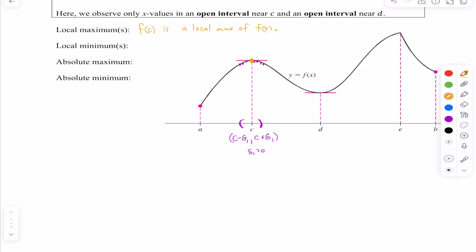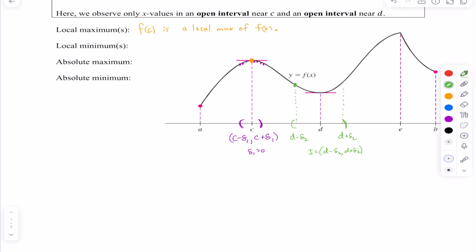Look at the next one. Let's localize around the number d. Here, why don't I make this interval bigger? We call this d minus delta sub 2, d plus delta sub 2. Now your I is this. Once again, there are corresponding function values or y values.